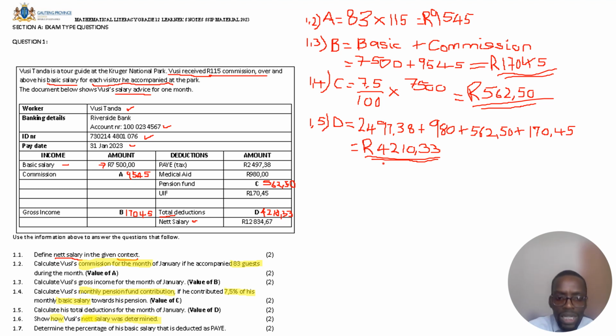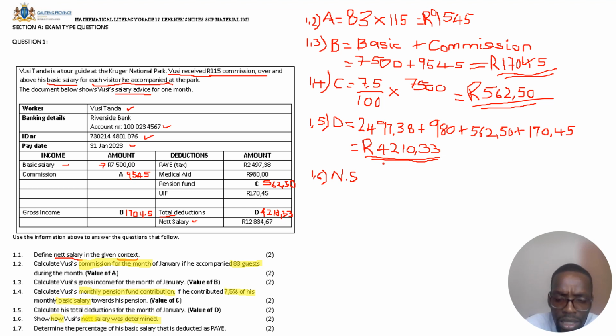So what it means now is I'm going to go to question 1.6. It shows that our net salary, remember learners, I'm just going to use shorthand here, but we are supposed to write in full during the exam.